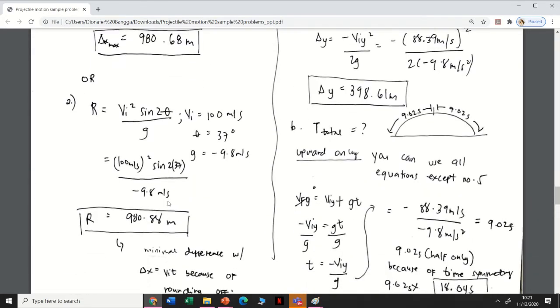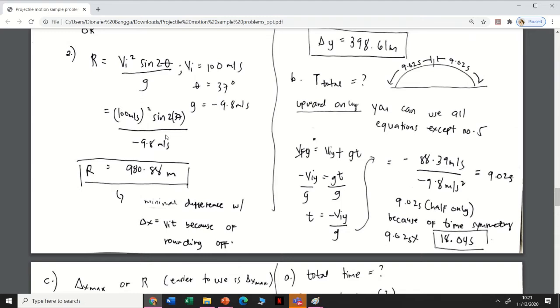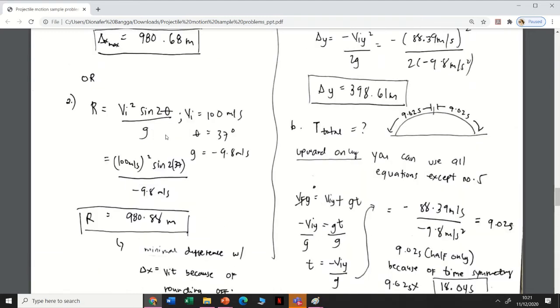But if we were consistent and did not round off our answers for the Vix and the time, it would absolutely give us the same answer. There's no problem with that, because the whole number answer is the same. It's a minimal discrepancy because of the rounding off.